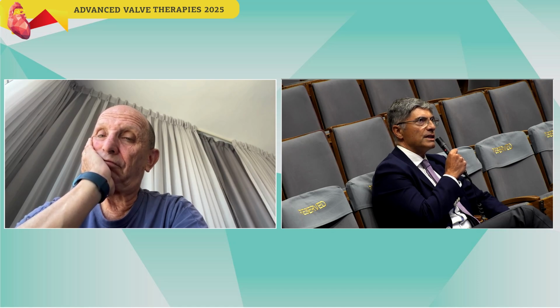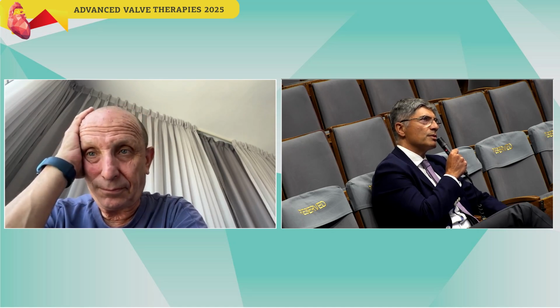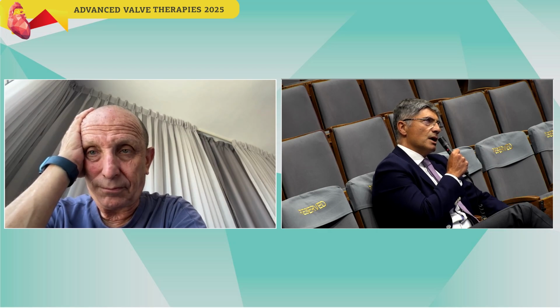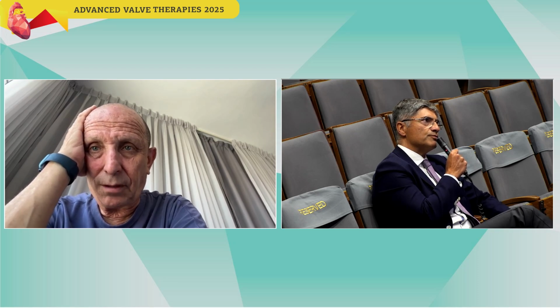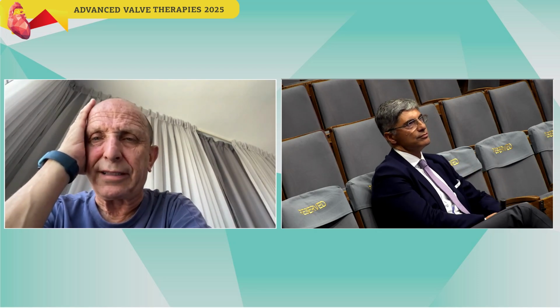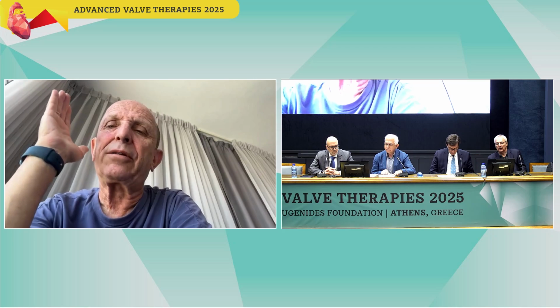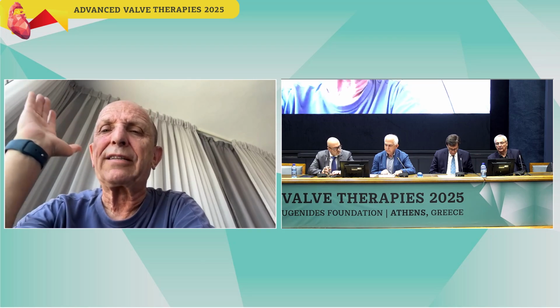So your idea is, if you're dealing with a bicuspid Sievers 2, you don't do pre-dilatation with the balloon expandable valve? I'm doing pre-dilatation anyhow. In a bicuspid, it's a rule of thumb. Do a pre-dilatation.